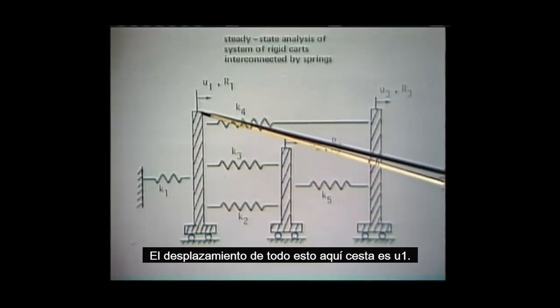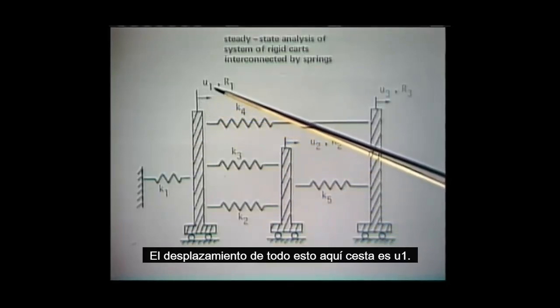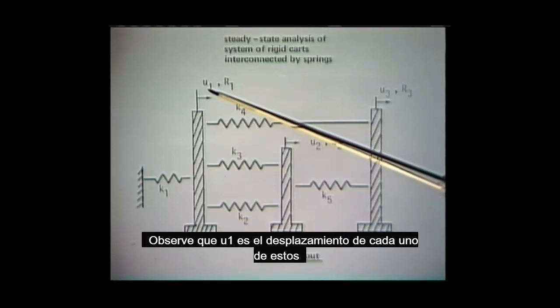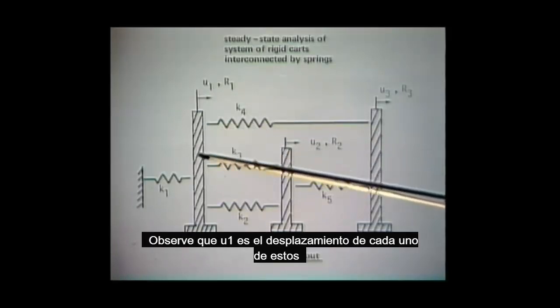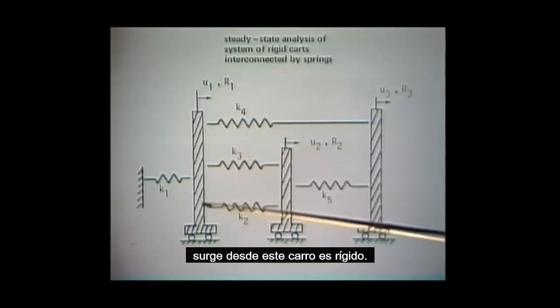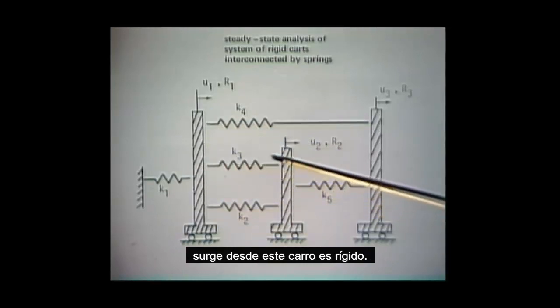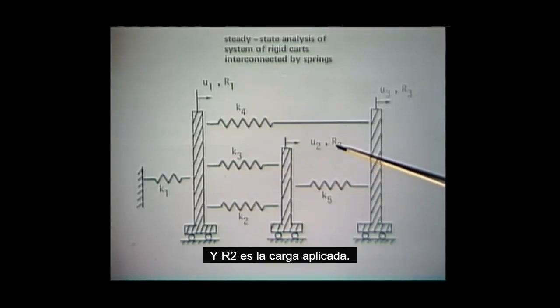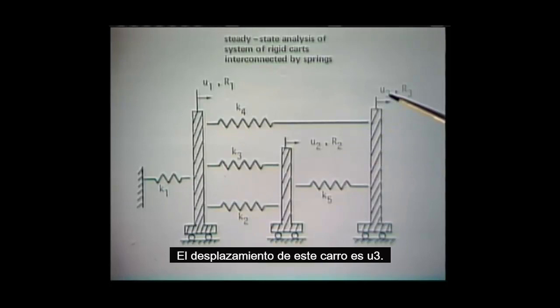The displacement of this card here is U1. The load applied is R1. Notice that U1 is the displacement of each of these springs since this card is rigid. The displacement of this card here is U2, and R2 is the load applied. The displacement of this card is U3, and R3 is the load applied.